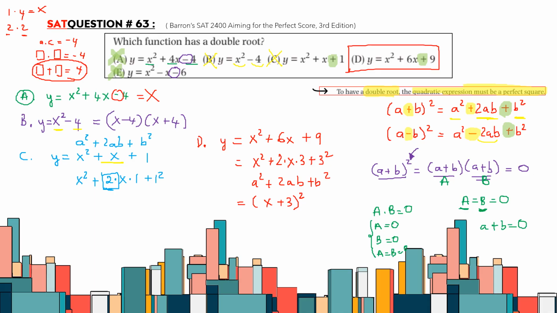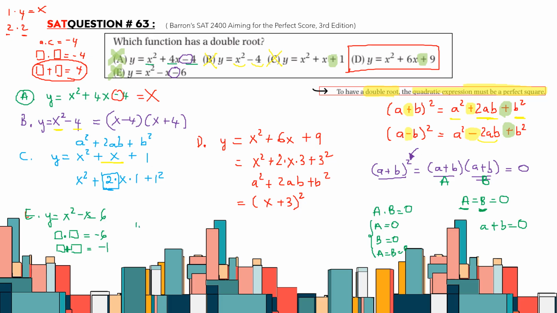Okay, so for E, let's look at E. E is y equals x squared minus x minus 6. A times C is -6, and the two numbers add up to -1.